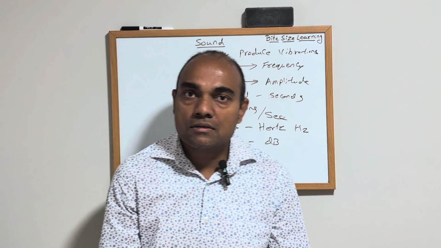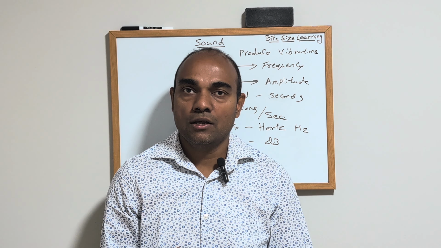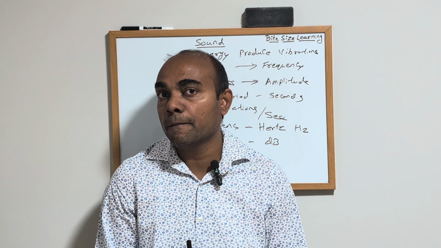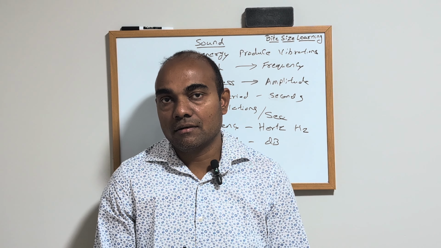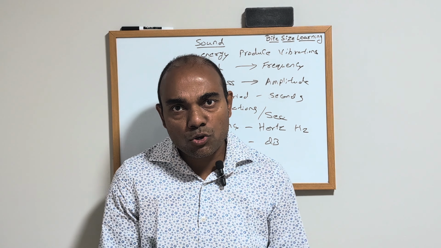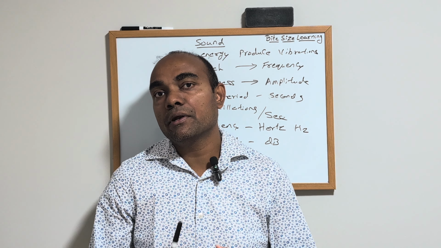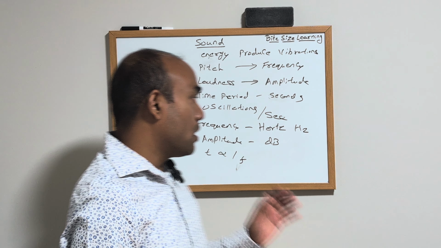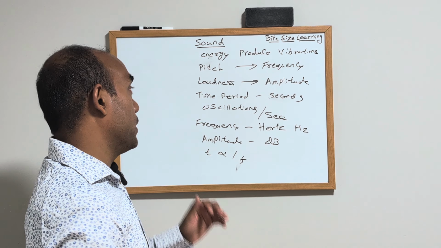The higher the frequency, the lesser the time. If some object is vibrating very fast, the time period to complete one oscillation will be less. If the oscillations per second are low, then the time period taken to complete one oscillation is higher. That is how the time period is calculated.